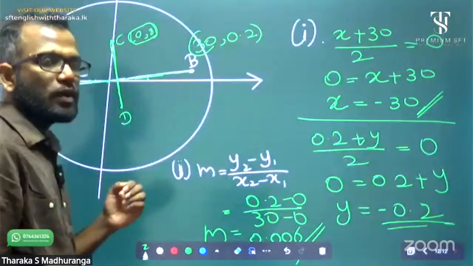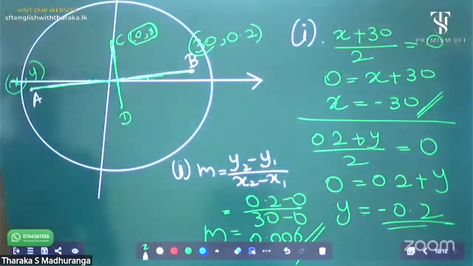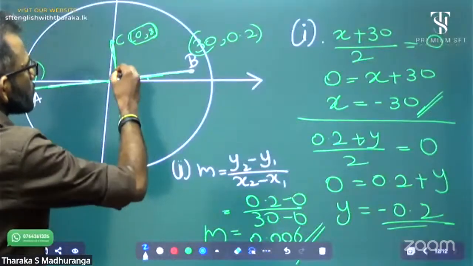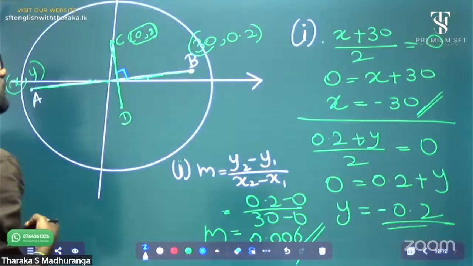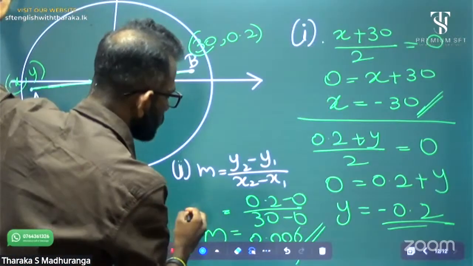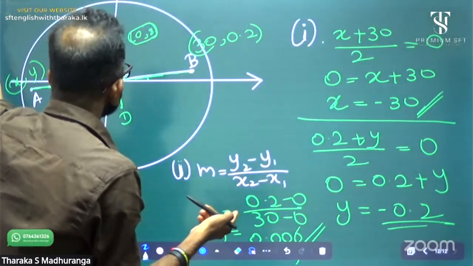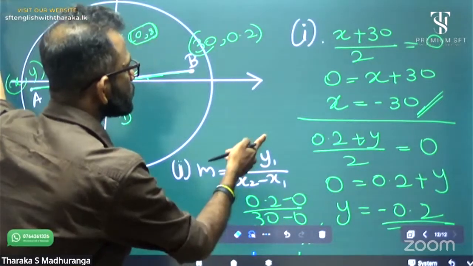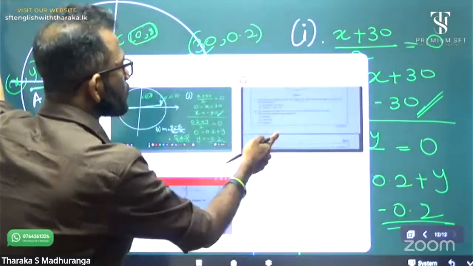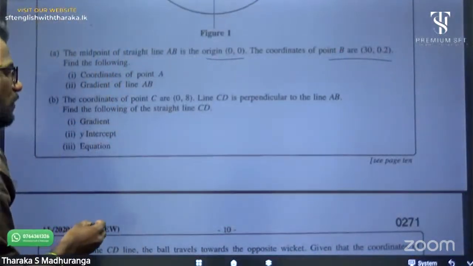Okay, now it is given that the two lines AB and CD are perpendicular to each other. We got the gradient of the AB line, which was 0.006. If they are perpendicular, the question asks, what is the gradient of the CD line?